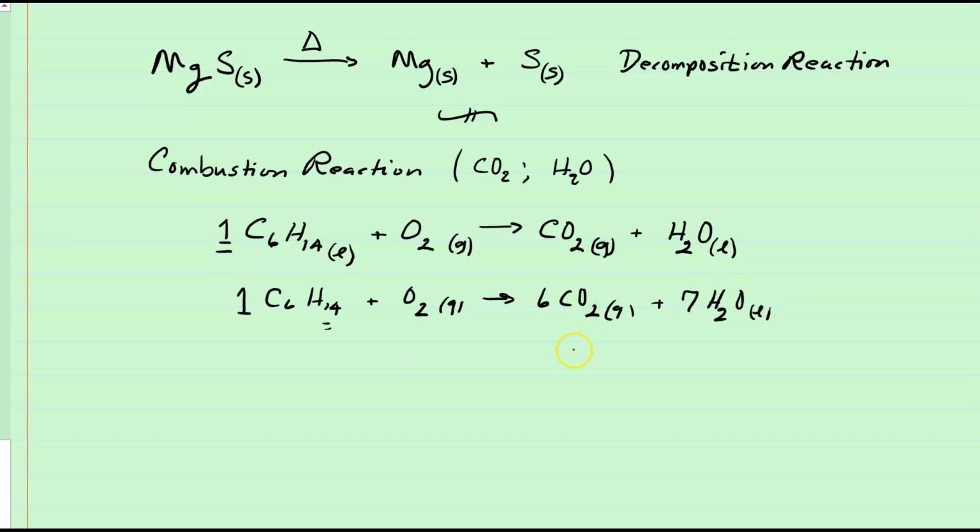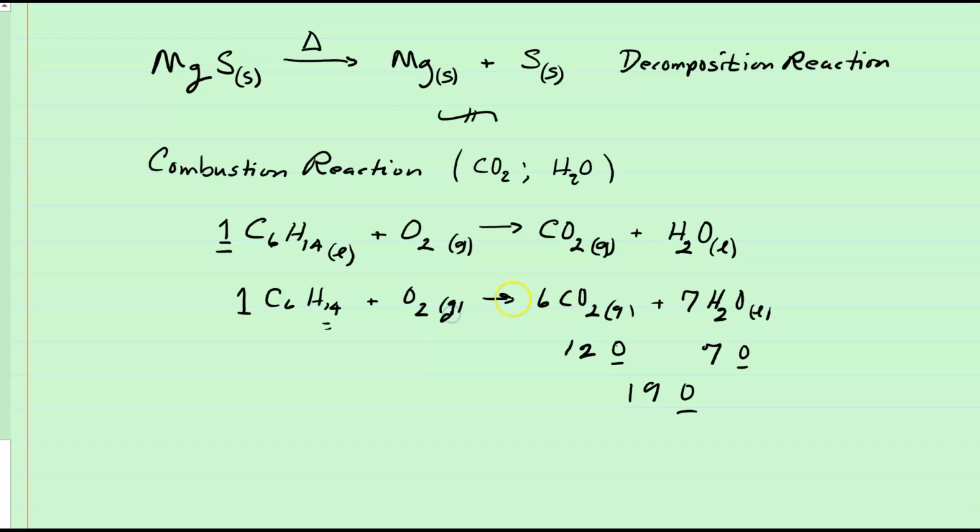So now what we have is 12 oxygens over here, and over here we have 7 oxygens. So together we have 19 oxygens on this side. So we have to end up with 19 oxygens on the other side.